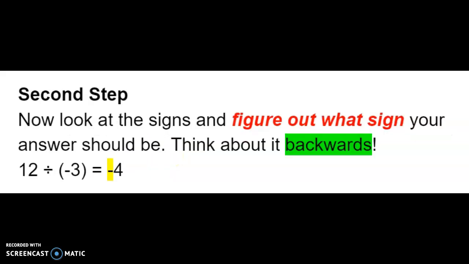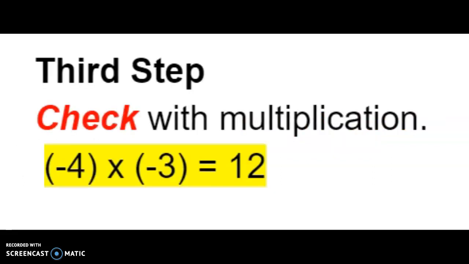My second step, after I have my 4 down, because in the first step I ignored the signs and just did the math, is thinking about what actually goes there. In this case, I'm thinking that a negative goes there because a positive divided by a negative would give me a negative. My third and most important step is that I'm checking with multiplication. -4 times -3 gives me -12.